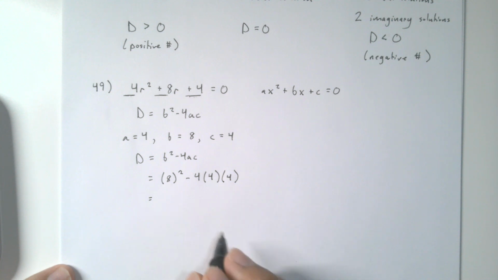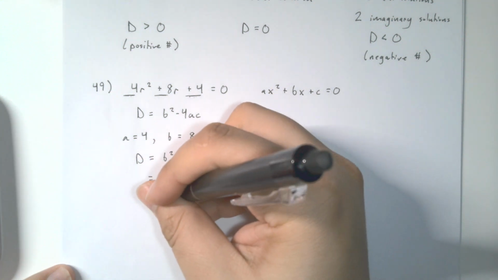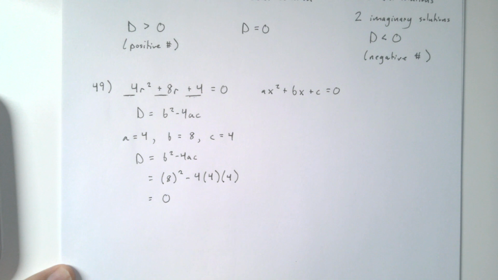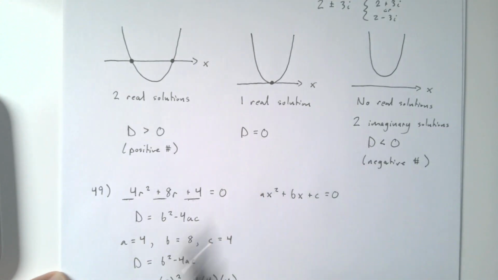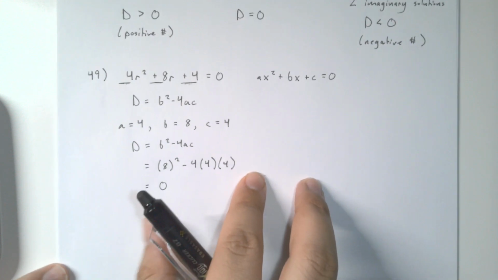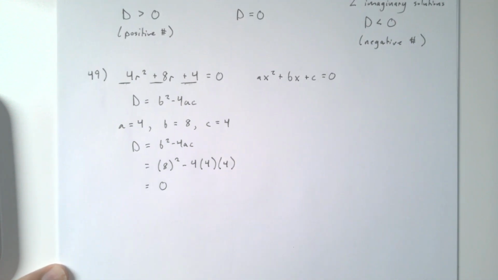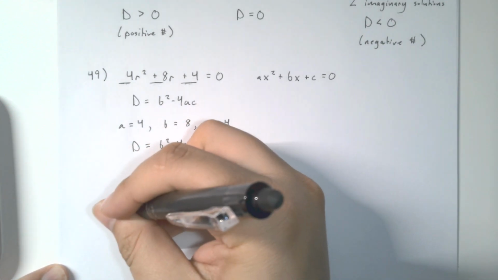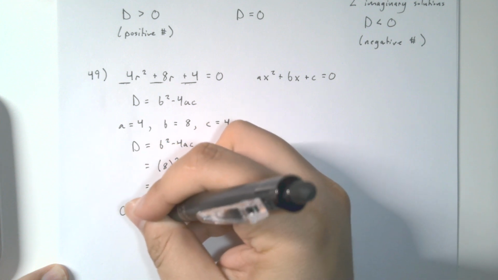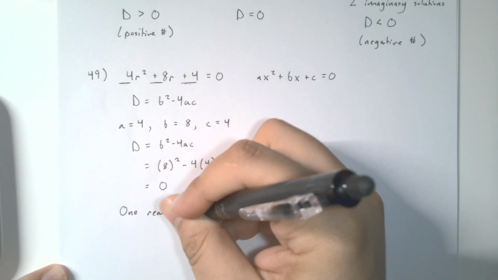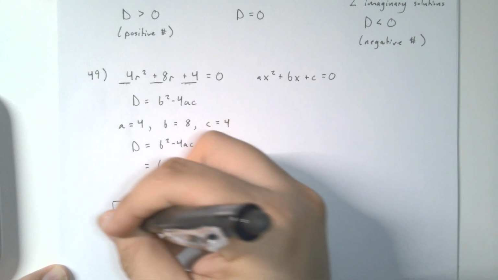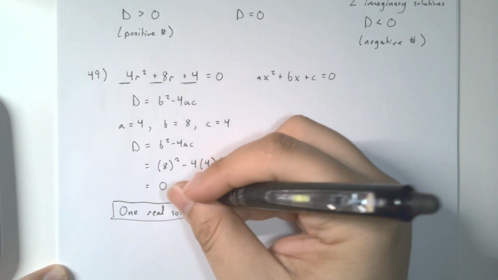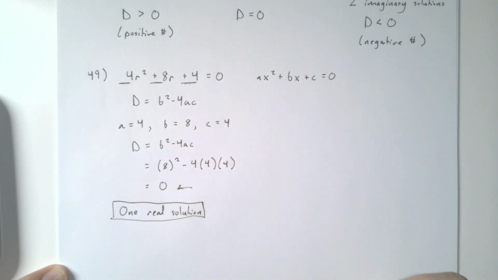But if you calculate this out, this will be 0. And so this tells us that we have one real solution. Without actually solving for what that solution is, we can say that this has one real solution if that's all the information we really cared to find. And again, that's determined by the value of our discriminant.